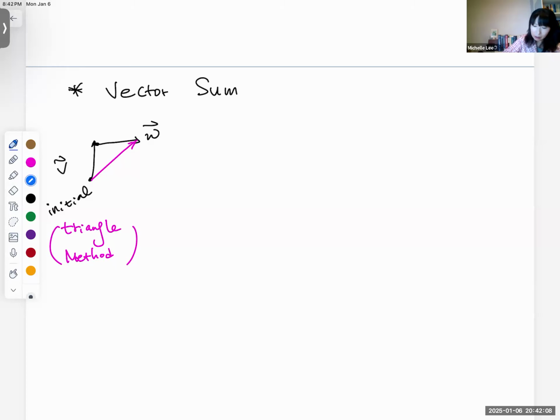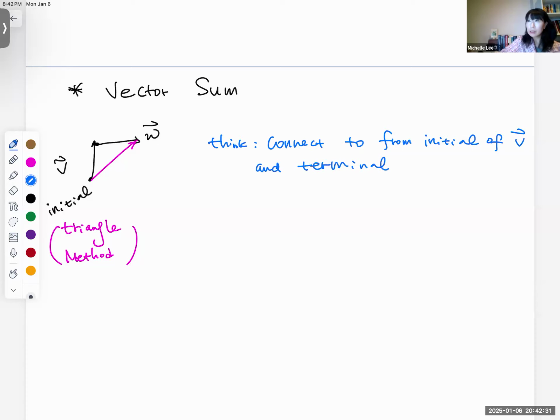So think, connect from the initial of vector v to the terminal of vector w, right?